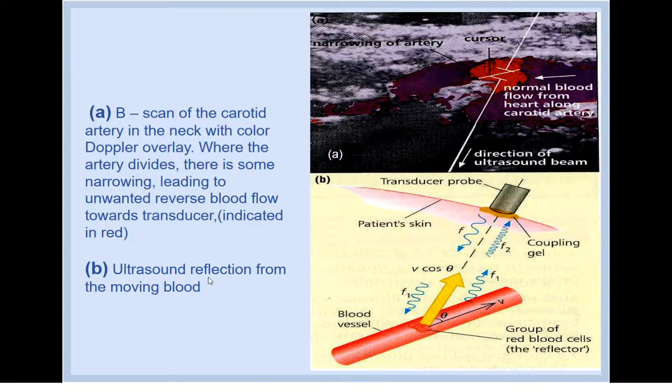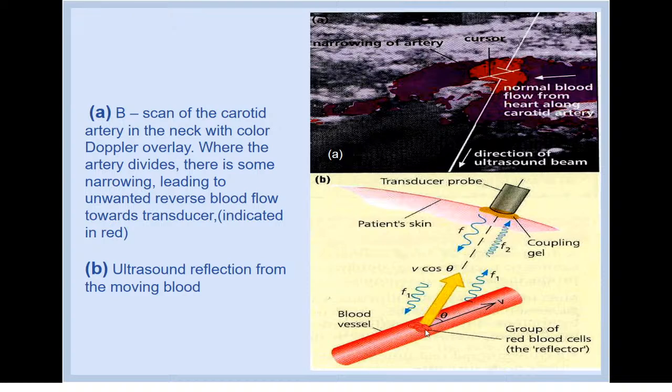So, ultrasound reflection from the moving blood, and by that means this Doppler shift frequency may be measured, and the velocity of the blood. And what are the reflectors here? It is a group of the red blood cells.